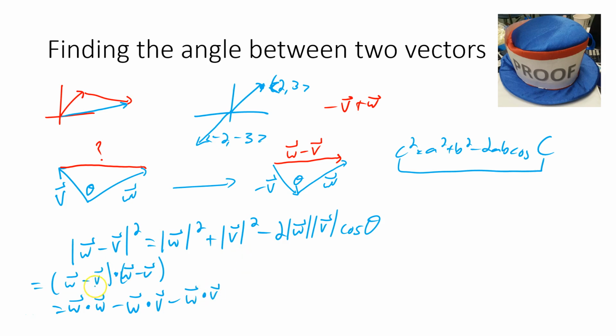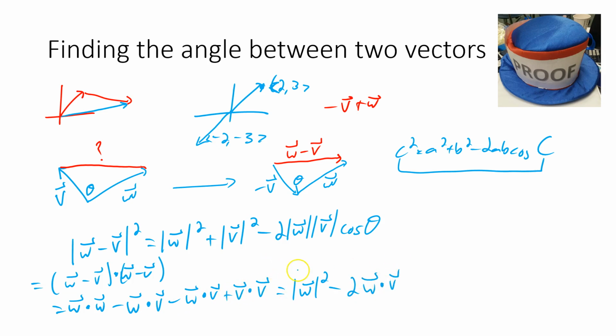Okay? And then it looks like plus v dot v, because it'd be negative v dot negative v, but that's going to end up being two negatives, which make a positive. So let's see what we have here. W dot w, that is magnitude of w squared. Then we have minus w dot v twice, so we have minus 2 w dot v.